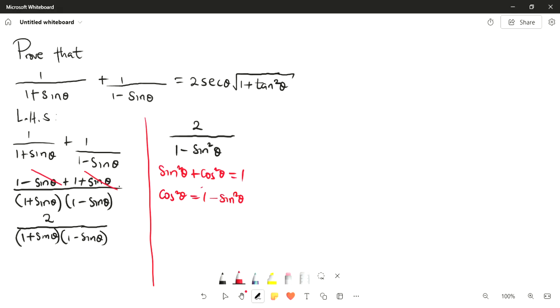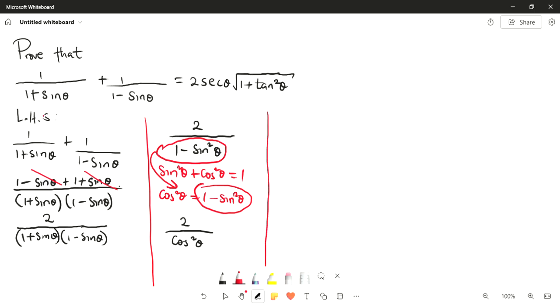So as you can see, this here is the same as that there, and the result we get is cos squared. So we simply do our replacement, and this gives us 2 over cos squared theta.